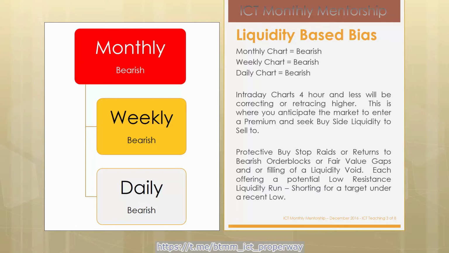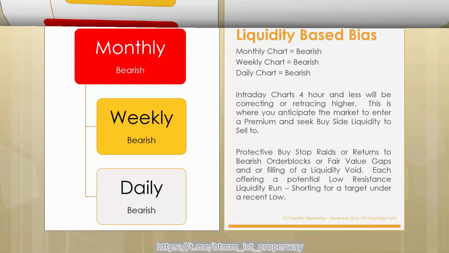So that weekly chart will require a lot longer time period to change direction versus the daily chart, that can go up and down multiple times and still maintain the bearish nature of the weekly and the monthly. And obviously the monthly takes a long time to change directions, and that's where the power of what I'm going to teach you in this module comes in.